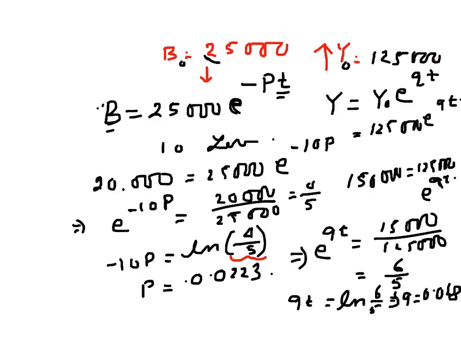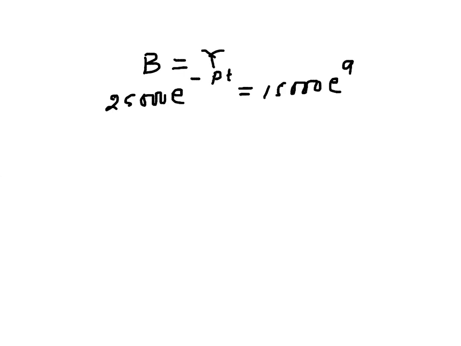So we have a value of p and we have a value of q. We have both of them. So the next thing we need to find out is when the population of both the cities will become the same. So let's do that. When the populations become the same, B equals Y. So we have 25,000 e to the power minus pt equals 15,000 e to the power qt.